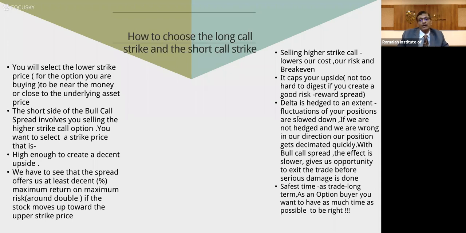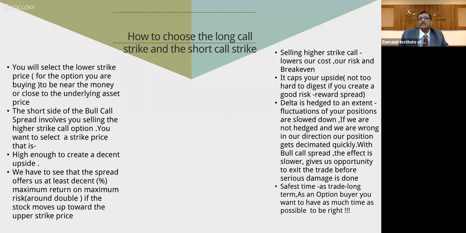Whereas with the bull call, it does not, because even your sold call gains in that situation. So the effect is much slower. It gives us an opportunity to exit this trade. If you say, okay, my position has been totally wrong, I have time to exit.